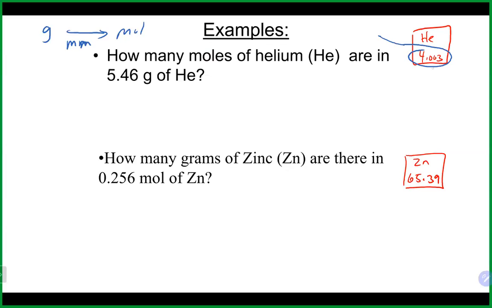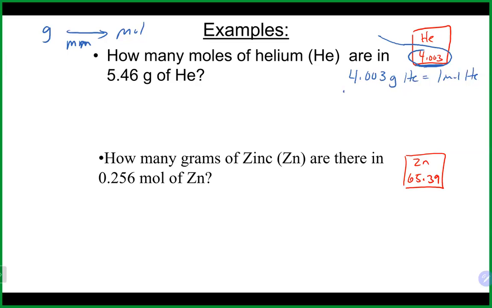Now you might have a lot more numbers on your periodic table than those, but we go to about 4 significant figures when we pull it off the periodic table. This gives us 2 conversion factors we could use for the molar mass. That number means there are 4.003 grams of helium in every mole of helium.